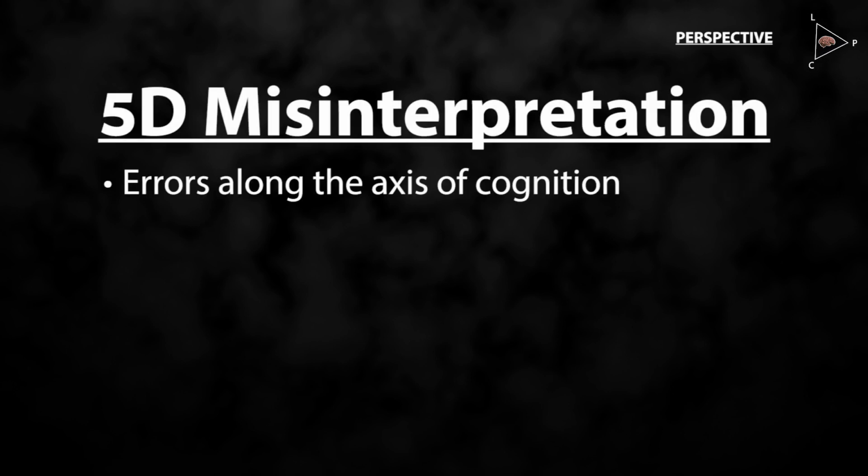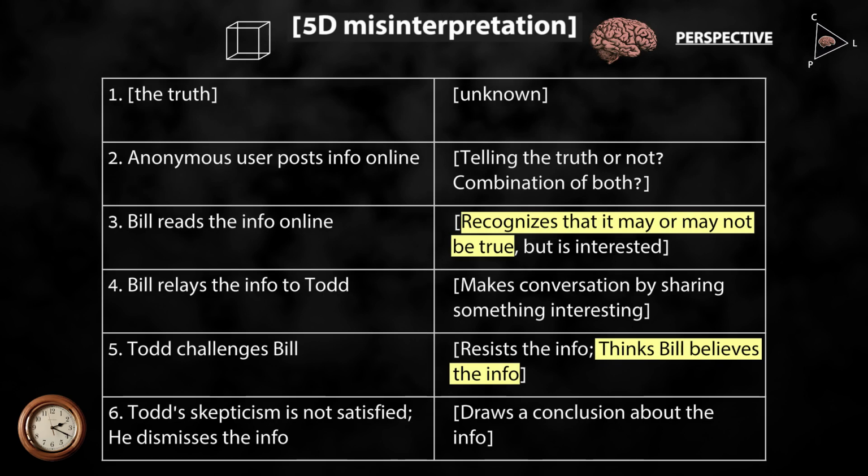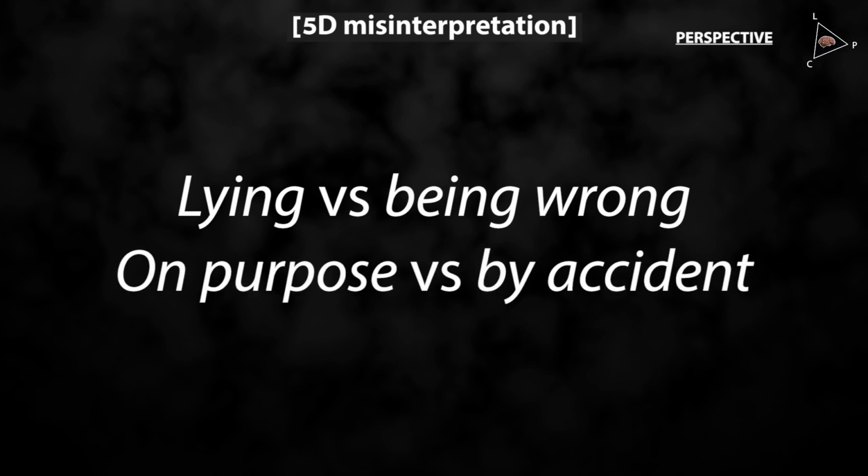At the 5D level, we can fail to recognize all possibilities and configurations along the axis of cognition. One example is the way Todd thought that Bill believed the information he relayed from the internet when Bill was merely open to the possibility that it was true. Another example is the difference between a person telling a lie versus saying something that they believe to be true but being mistaken, or a person doing something on purpose versus doing it by accident.